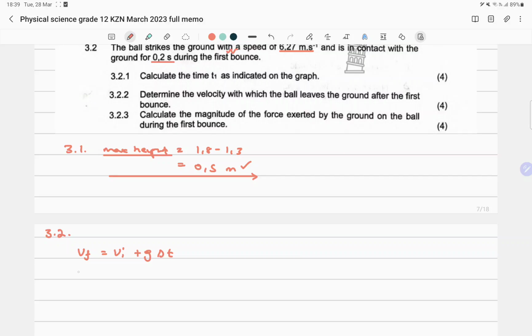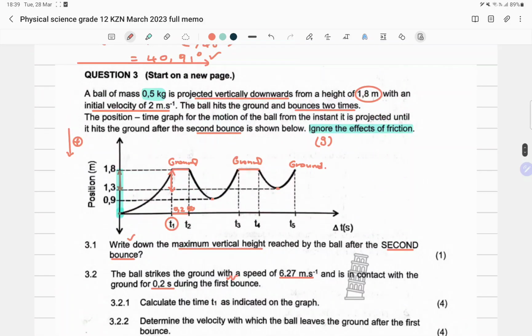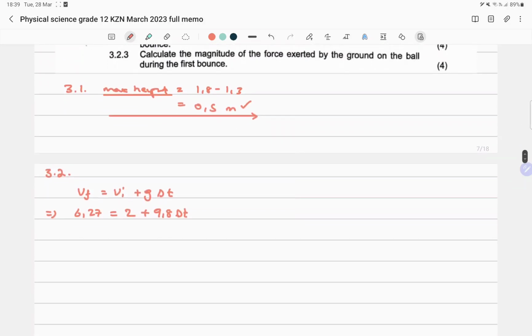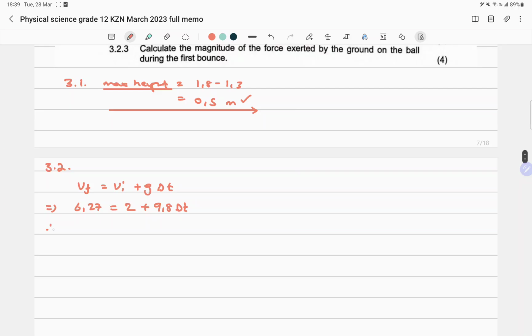Because we've been given the final velocity, this 6,27 is equal to the initial. We were given that it is 2, and they were all directed down, so they are positive, plus 9,8 delta t. Even 9,8 is positive because this graph says downward is positive, so everything is positive here.